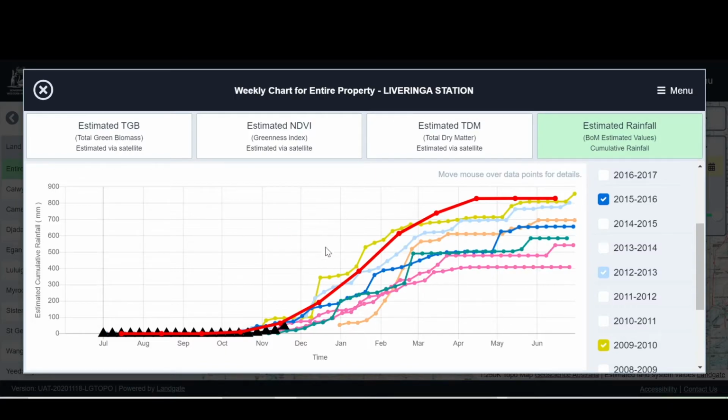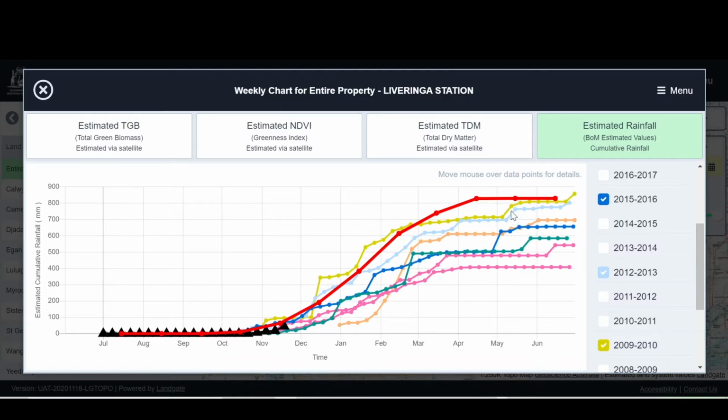Now we can use the rainfall, because this is the thing we measure on a day-to-day basis. So we go to the rainfall and we look at this chart and we say, at what time of the year can we say that if we've not received our median rainfall, which is the red line, that indicates a bad year?